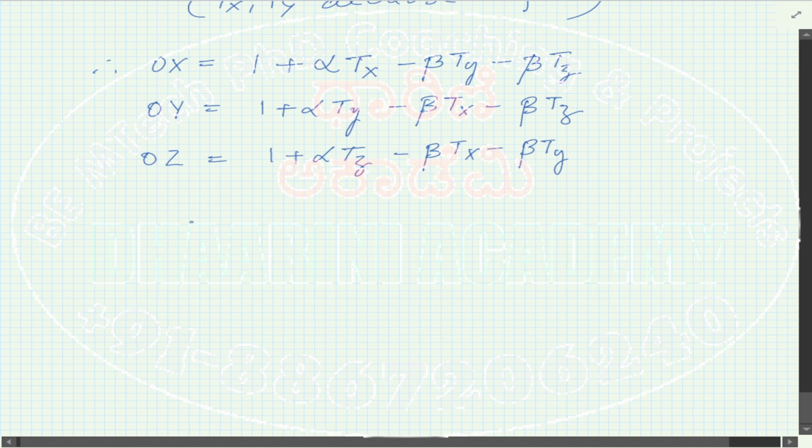Here we used alpha and beta, so let's denote what they are. Alpha is the linear strain per unit stress.